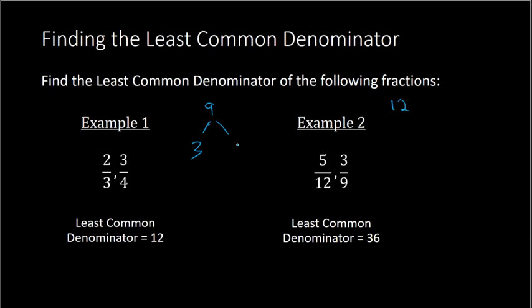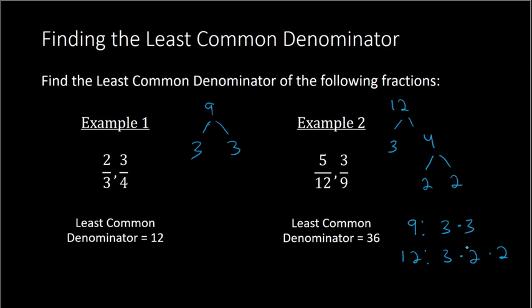So 9 you can write as 3 times 3. 12 is 3 times 4. Now 3 is prime, but 4 is composite, meaning I can break down the 4 further as a product of 2 times 2. So 9 can be written as 3 times 3. 12 can be written as 3 times 2 times 2.